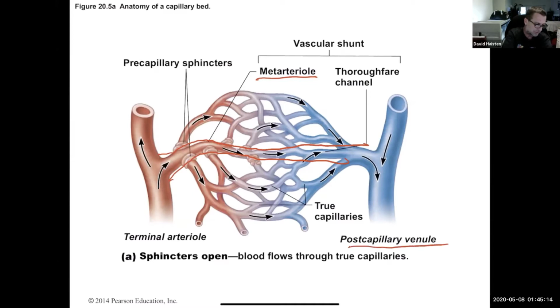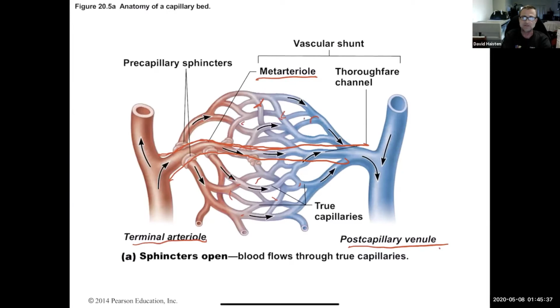So we have terminal arteriole moving into the capillary bed, post-capillary venule, and a central, very small structure called the metarteriole moves through the bed. Off here, we have the true capillaries of the capillary network on either side of the metarteriole.